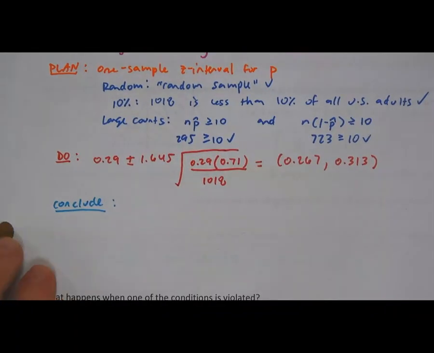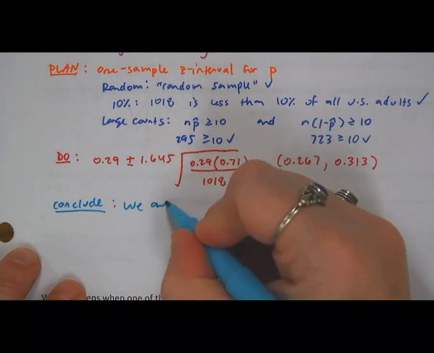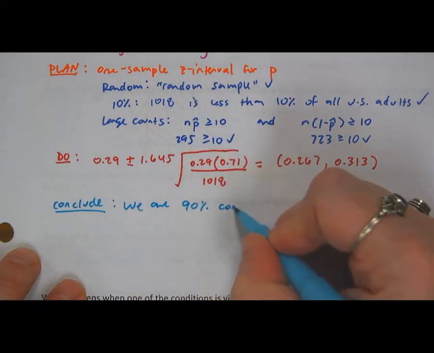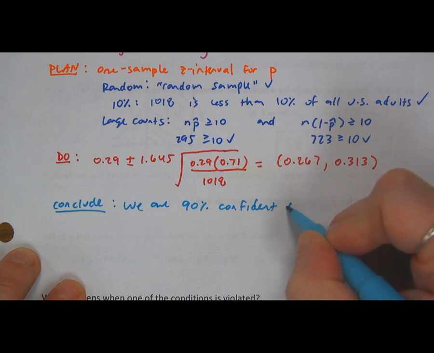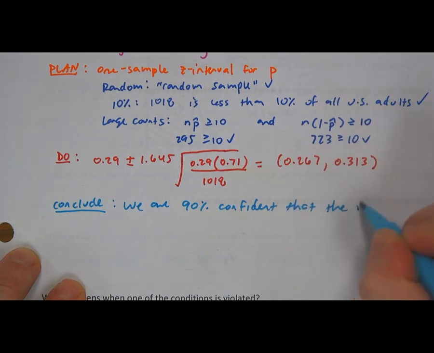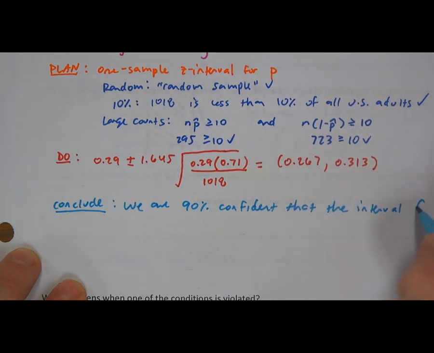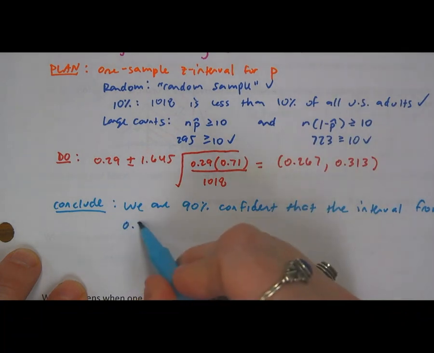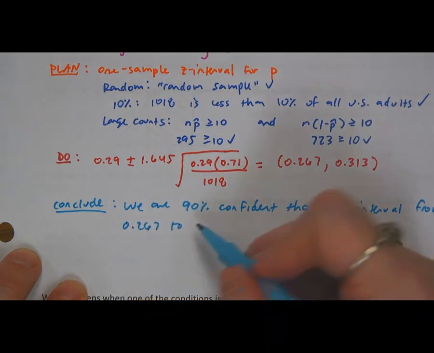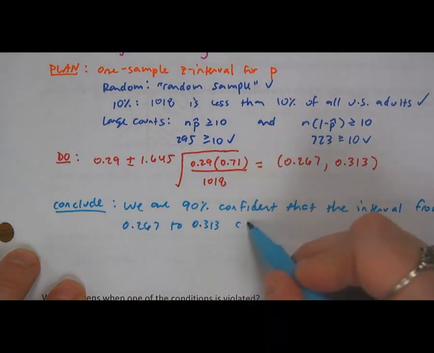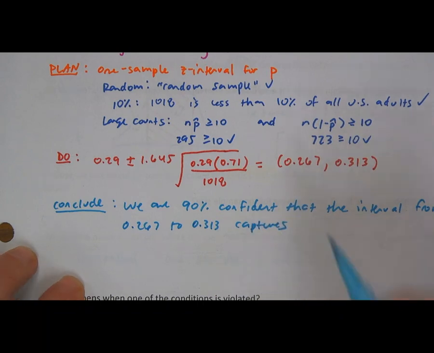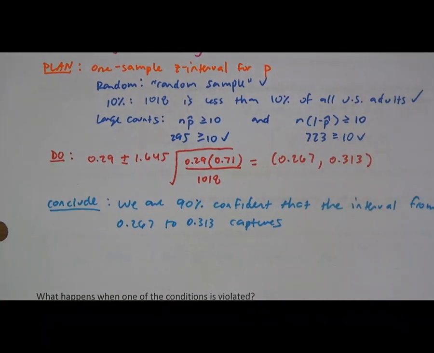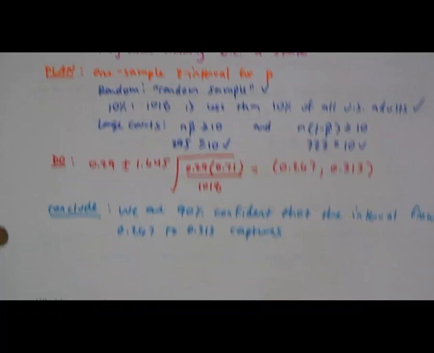All right, we are 90% confident that the interval from 0.267 to 0.313 captures. You can always just glance back up at the top of your page. Like, what do they want me to find?